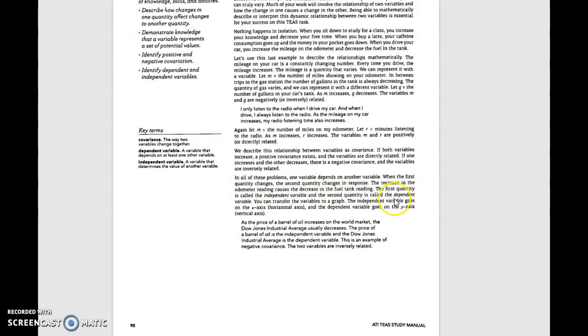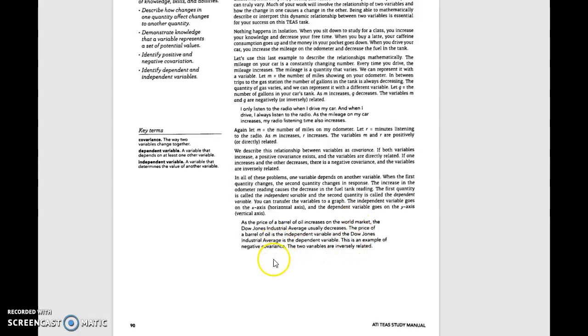And the second quantity is called the dependent variable, the gas in your tank. The x-axis is usually the horizontal axis, and that would be the independent variable. And the y-axis, or the vertical axis, will be the dependent variable. That's the way you would normally create a graph.